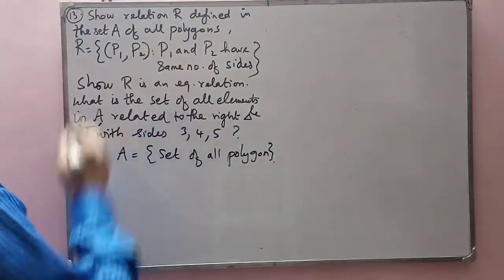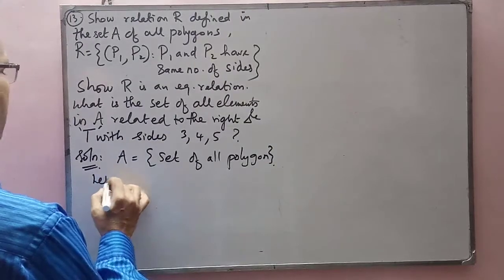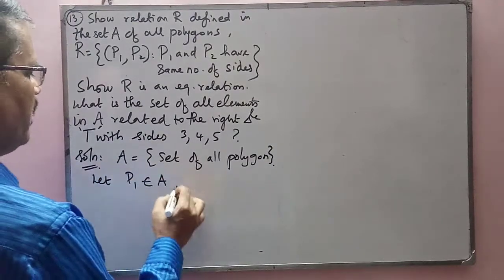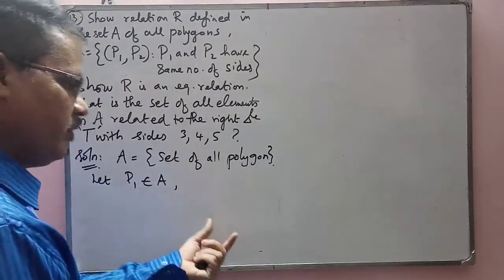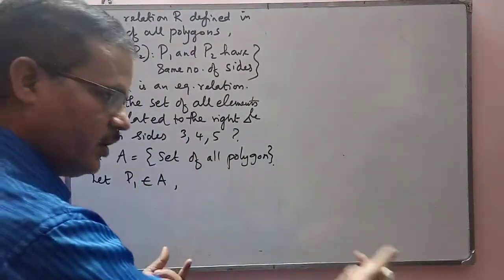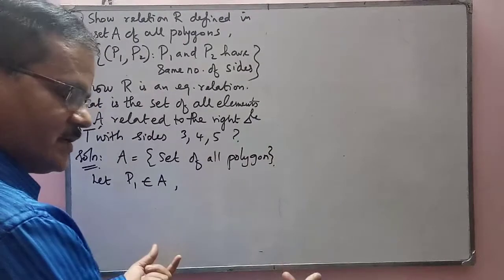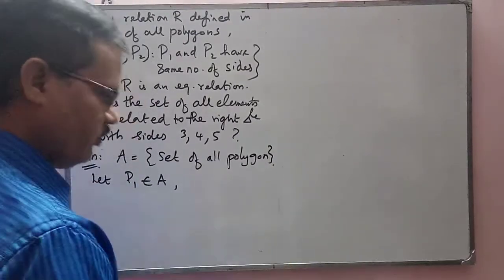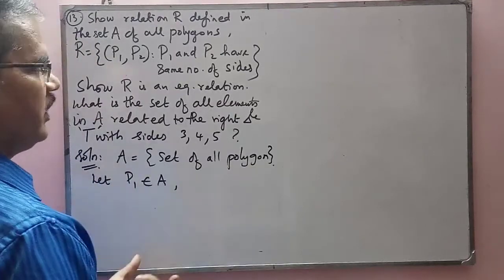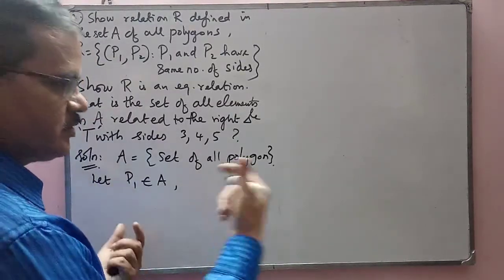Now let us take one polygon. Let P1 belong to A. I am going to compare polygon 1 with polygon 1 itself. If you have taken a triangle with 3 sides, then you compare it with a 3-sided triangle. Or if you have taken a square with 4 sides, then you compare it with the 4-sided square. So P1 has an equal number of sides with the other P1.